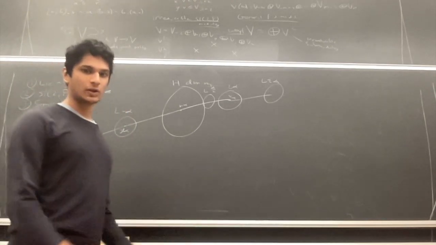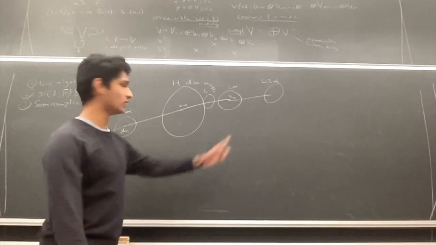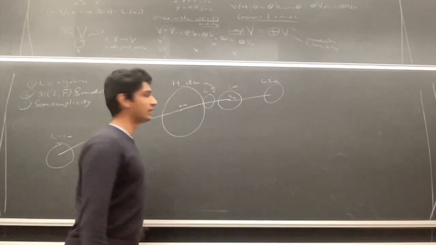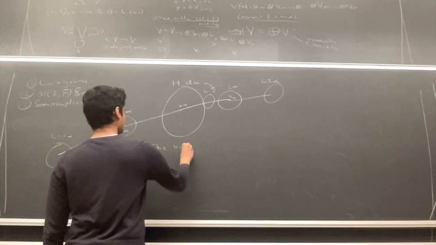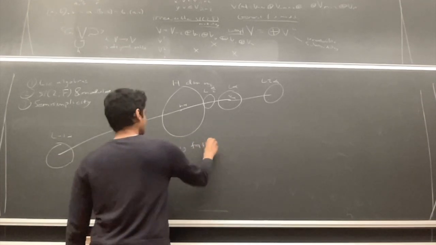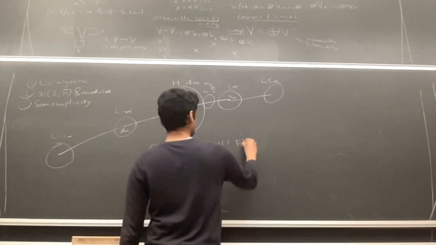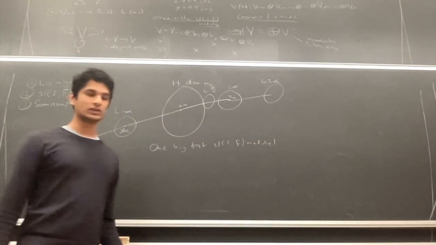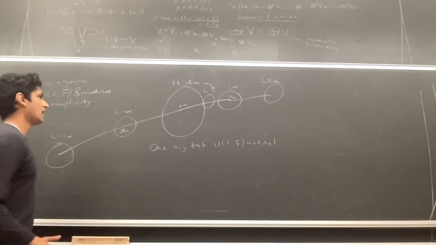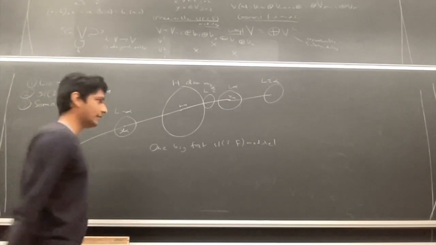But what can we do? We actually know this whole big picture, H with all the L_c alphas, is going to be one big fat sl2F module. Why is that? Well, it's hard to give a concrete reason, but I'll give a more intuitive way of looking at it.